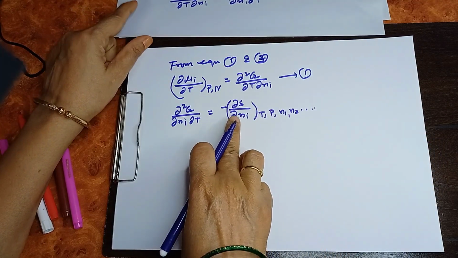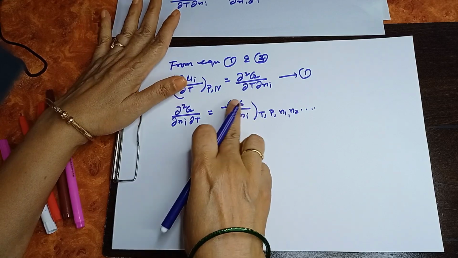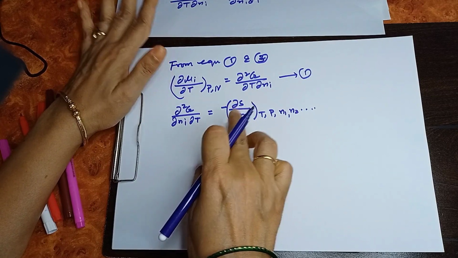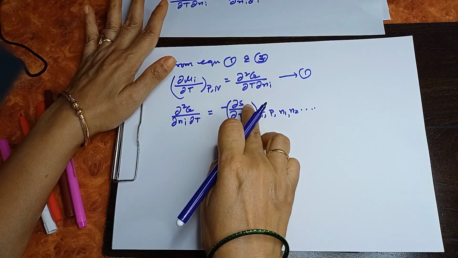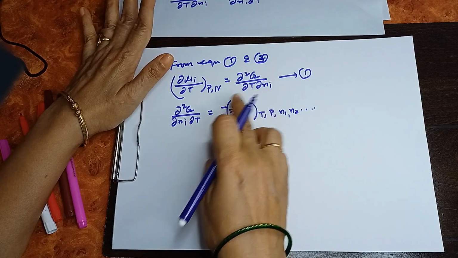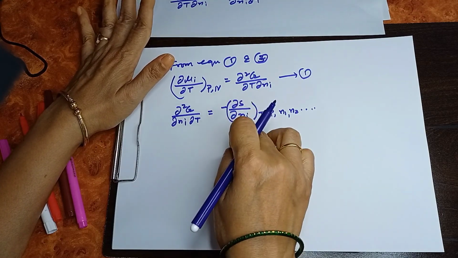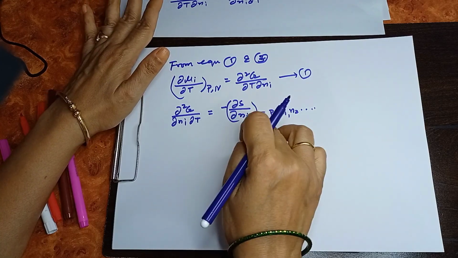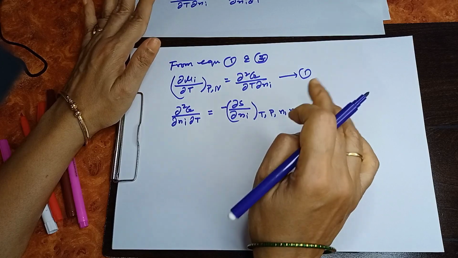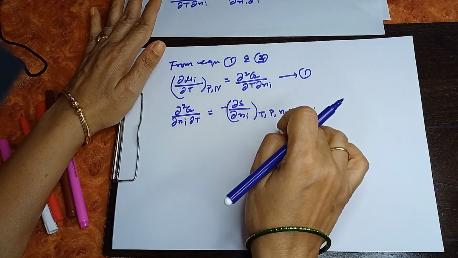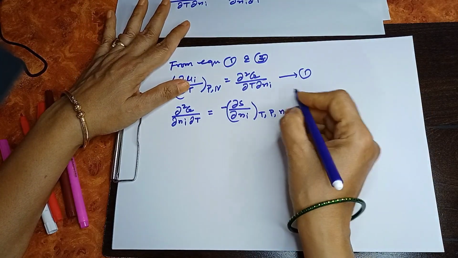And what is this one? This is nothing but the partial molar entropy, that is, the change of entropy with respect to the change of the amount of the component i at constant temperature, pressure and constant composition of other components.